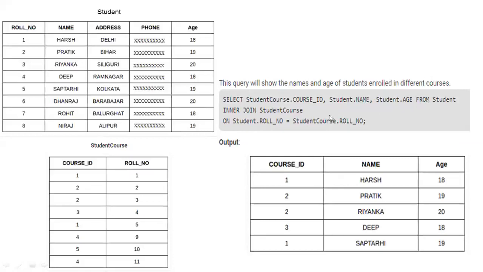From student, inner join student course. You are performing the inner join with student course. The attribute you are comparing in the inner join is student dot roll number equal to student course dot roll number, the roll number present in both tables.